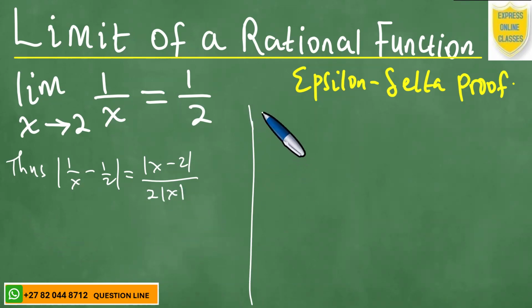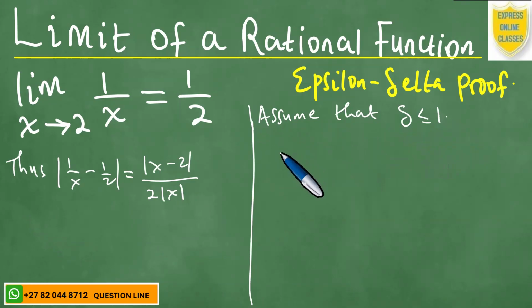We can assume that delta is less than or equal to 1.